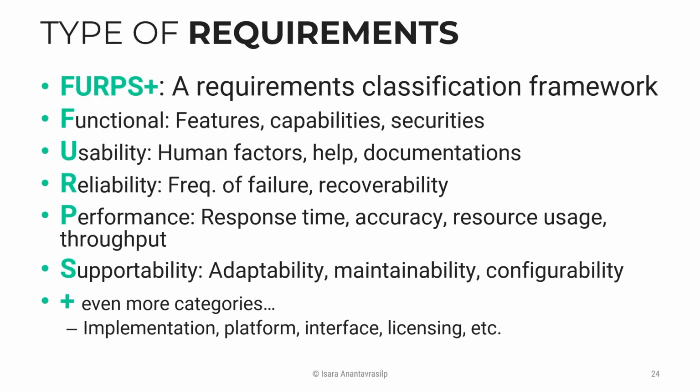Now let's get to the next one. Usability. This is human factors features. Usability corresponds to ease of use, user friendliness, and also includes help or documentation. It focuses on ensuring that the system is intuitive, efficient, accessible to the intended user, and includes anything that could help the user achieve their work.